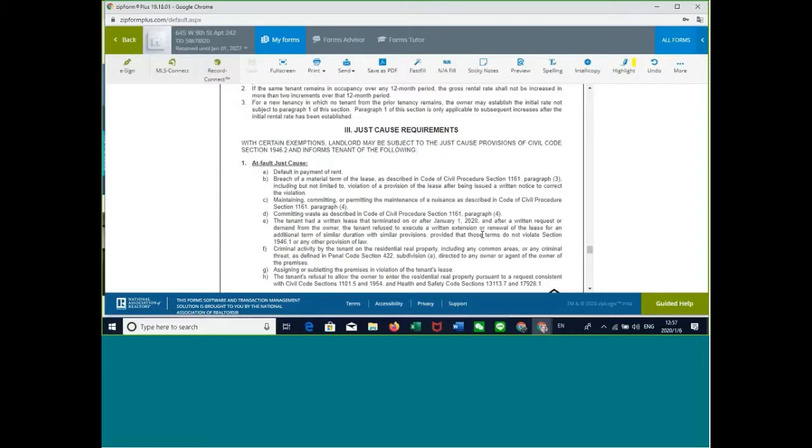Let's say, for example, their lease ended. Usually when the lease ends, and the landlord and tenant do not sign a new lease, what kind of lease do you have now? Month to month. Under the old days, before the new law was passed, it's okay. Then it simply becomes month to month. Tenants just become month to month.